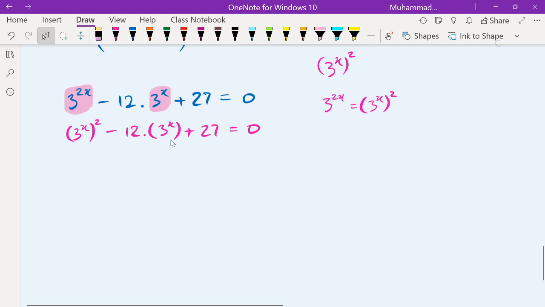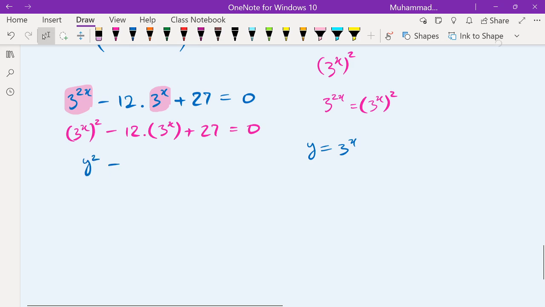So you have a linear and a quadratic term around, it's only that they look slightly different. For the time being, you can just hide 3 to the power x with a y, hide it and make it a quadratic.